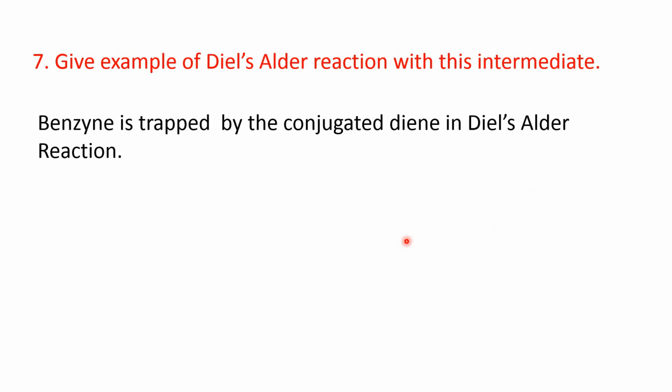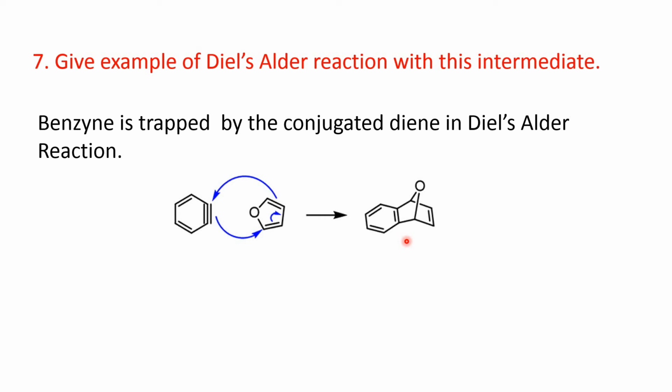Now, 7th question. Give an example of a Diels-Alder reaction with this intermediate. This intermediate means the benzyne intermediate. Now, the benzyne intermediate is trapped by a conjugated diene in a Diels-Alder reaction. Okay. So, the Diels-Alder reaction we have seen is the reaction of a conjugated diene with a dienophile, that is, a multiple bonded compound.